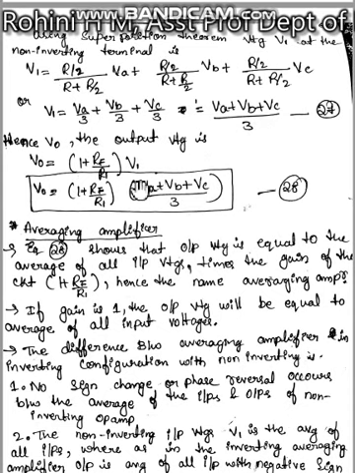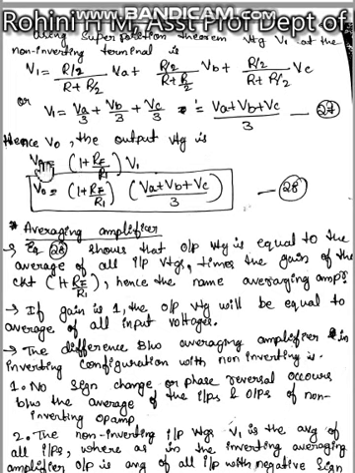Hence, the output voltage V out can be written as 1 plus Rf by R1 into V1, where V1 can be written as Va plus Vb plus Vc whole divided by 3. So this is the output voltage when the particular voltage source is acting alone.